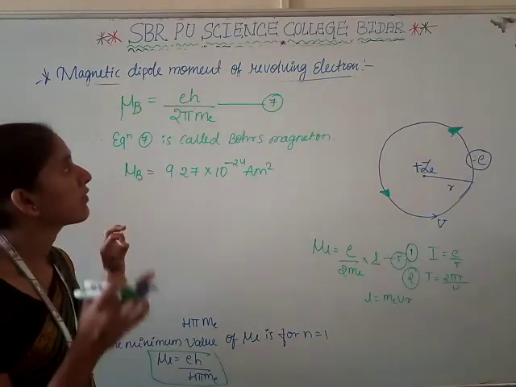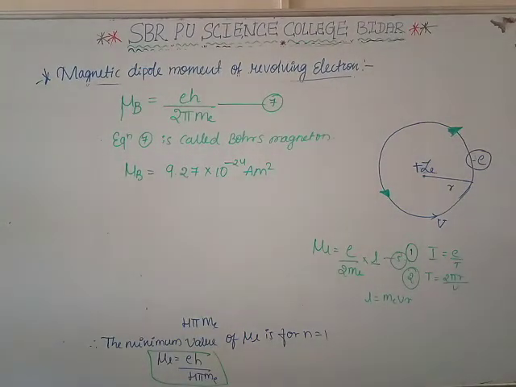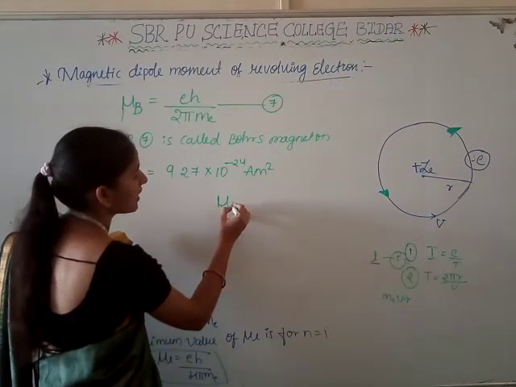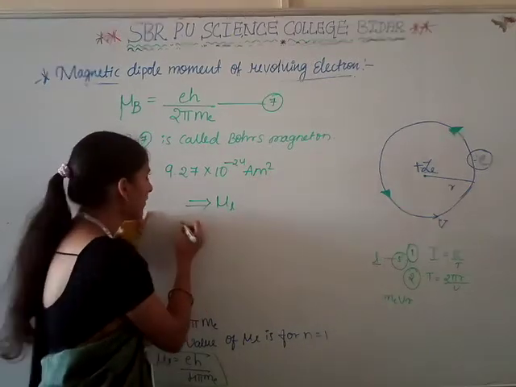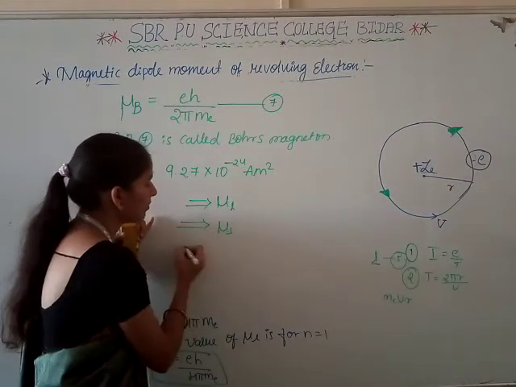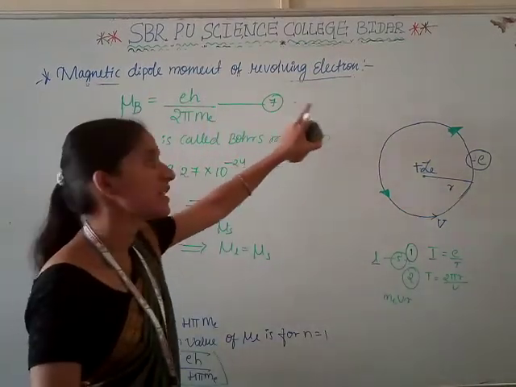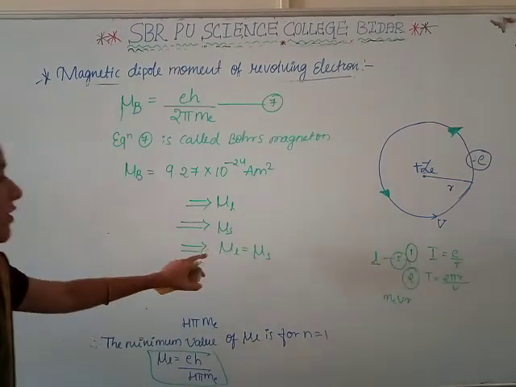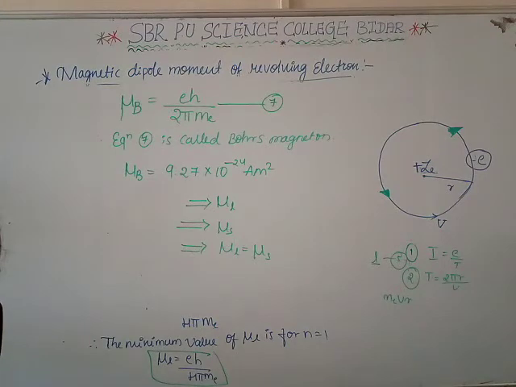When we consider the magnetic dipole moment in an orbital motion, it becomes mu L; when we consider it in a spin, that is mu S. Here both mu L and mu S are equal. When both are equal, the magnetic dipole moment of electron is expressed in terms of Bohr magneton.